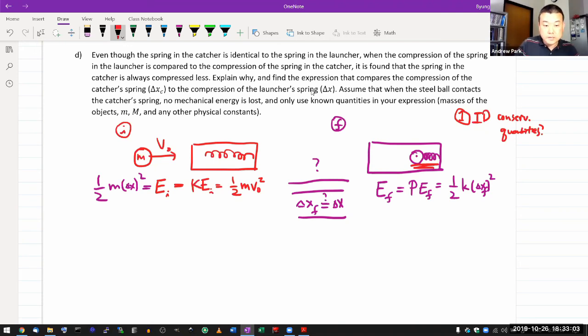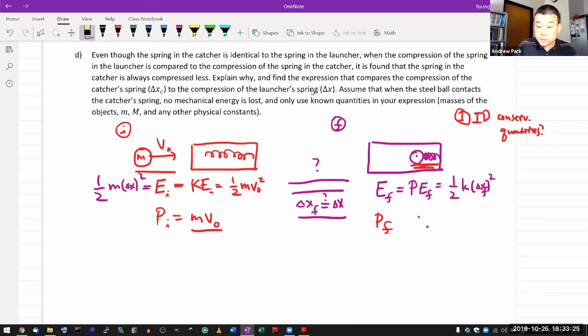So this initial snapshot represents the initial momentum of m v naught. After the collision, after the ball is caught, the final momentum cannot be zero, because if it's zero, then momentum isn't conserved, and we are in trouble.